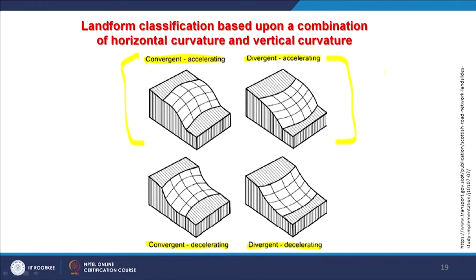So, top two in the first row both are accelerating examples, and the bottom two are deaccelerating examples, and also in the rows you are having convergent in first row and in second row divergent. That means in natural conditions you can have various types of combinations, and accordingly things will vary on.